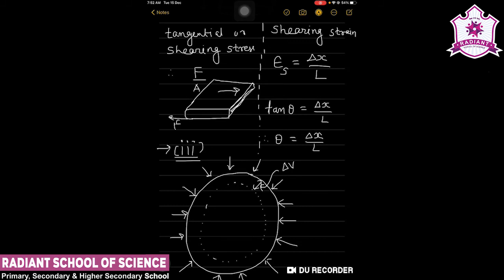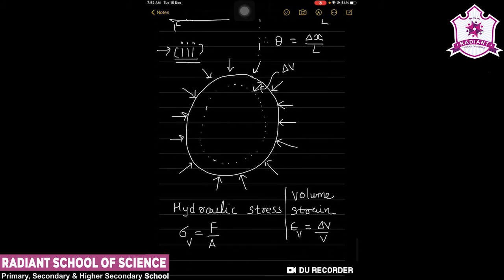So we found the tangential stress and strain observed and developed in the book as well. So these are the examples of shearing stress and shearing strain.